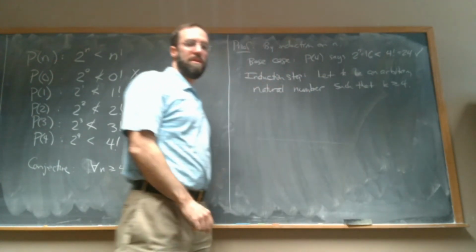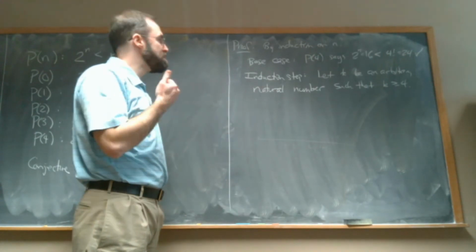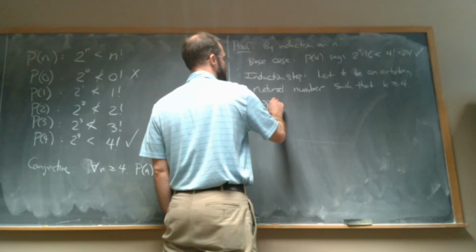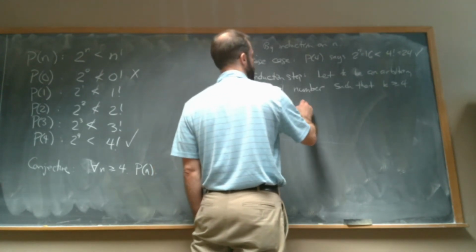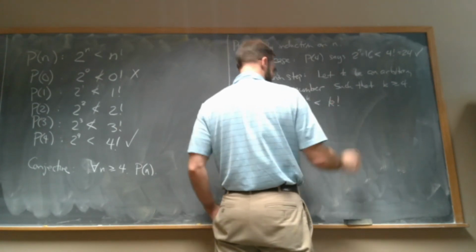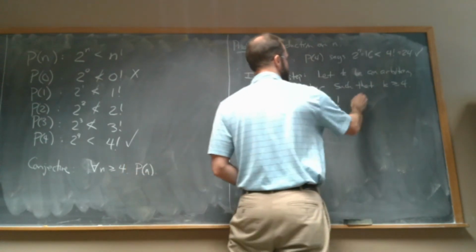I only want to think about numbers that are greater than or equal to 4. It's not true for smaller ones. And then suppose that 2 to the k is less than k factorial. This is our induction hypothesis.